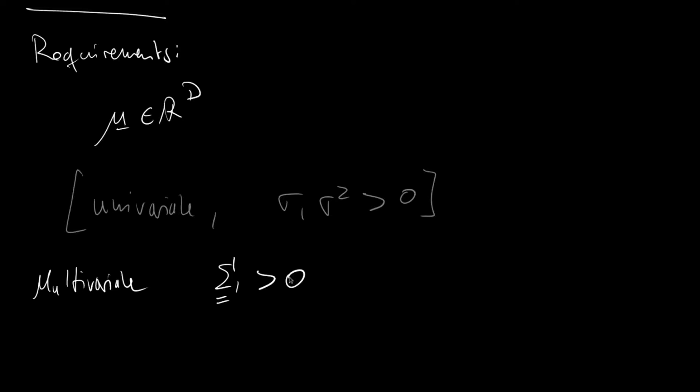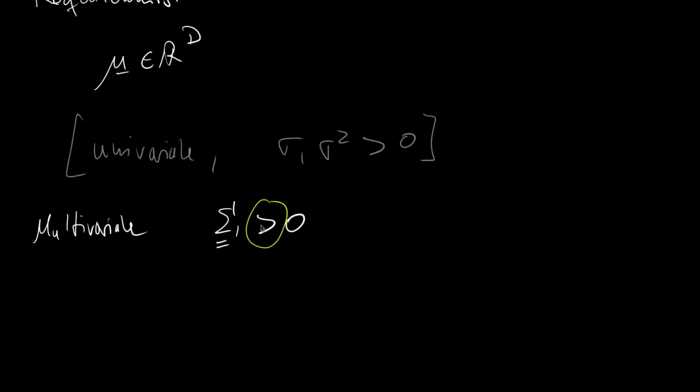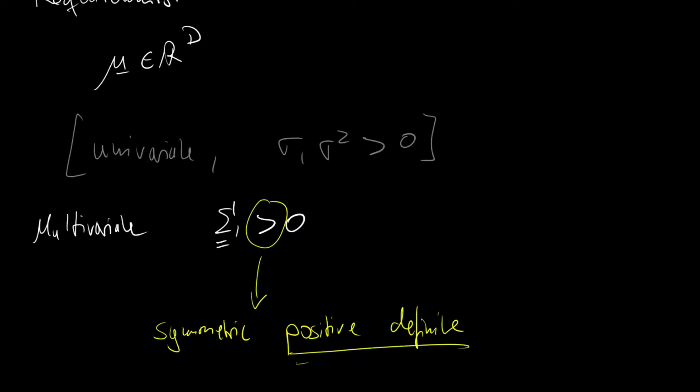But what does this mean? Does this mean component-wise? No, actually if you look at matrices and you see such signs, then this refers to definiteness. The greater than sign can be understood as symmetric. Well, this makes sense, we looked at it earlier, that it has to be symmetric, but more importantly, positive definite. And that's the crucial part.